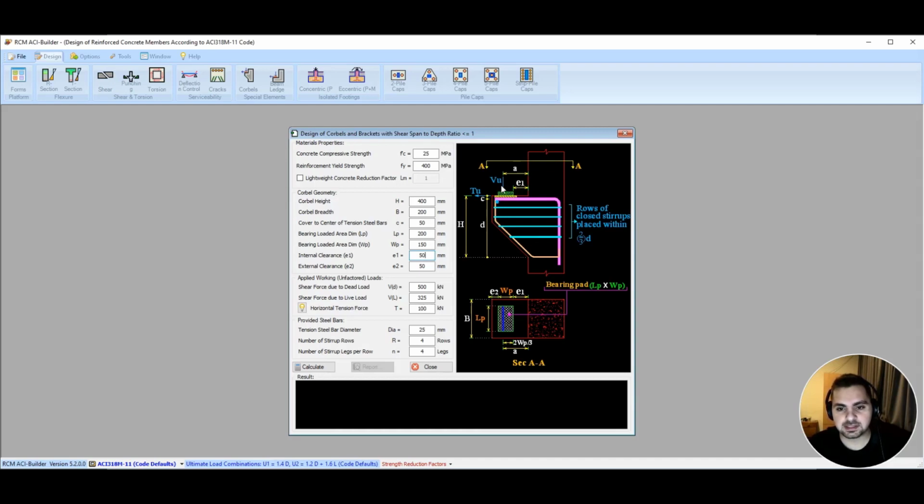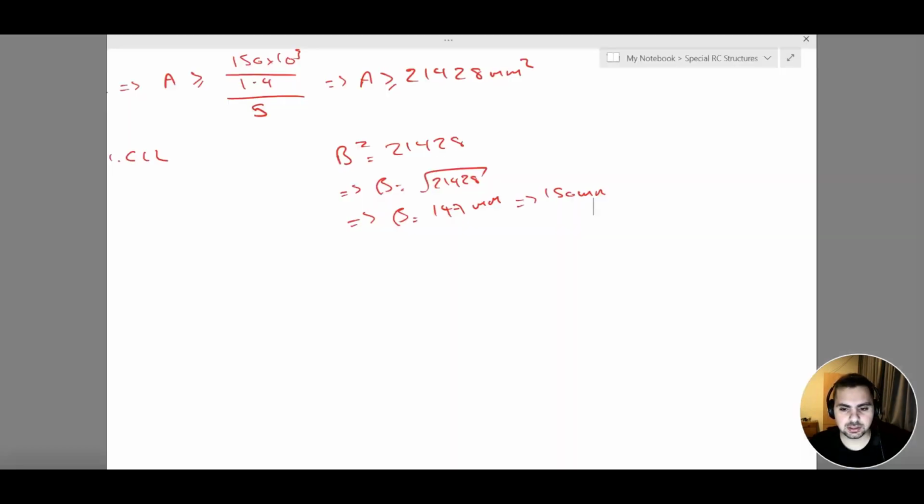Then we have the width of my steel plate, which is 150, and we require E2, which is the distance from the steel plate until the end of my corbel. So first of all, we need to find the length of my corbel, and usually we take the length of my corbel to be equal to h, so L equals h, so it equals 400.